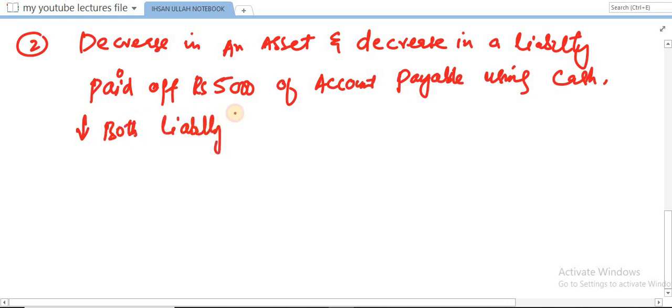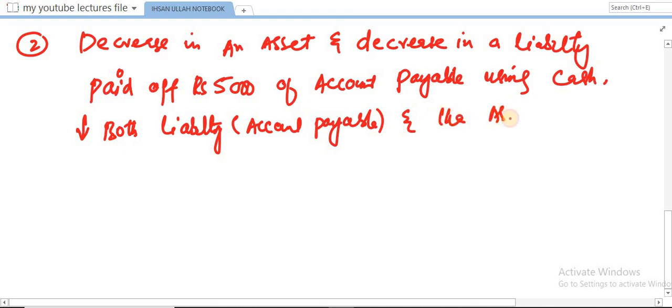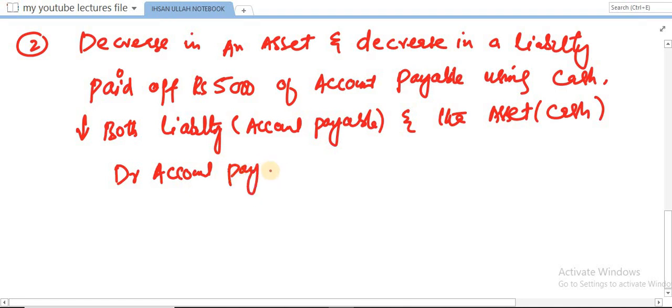liability and your asset. That is the asset, that is your cash. So the double entry will be: debit will be account payable, because a decrease in liability means the debit will be the account payable.